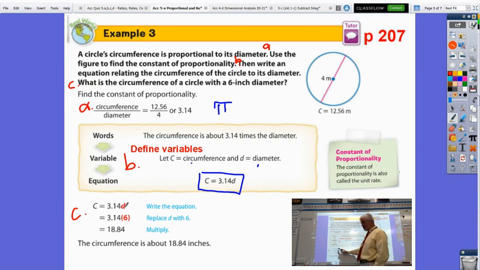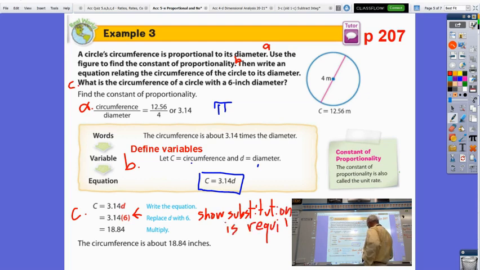So, in the equation, 6 is D, so I put 6 in for D. I show the substitution required, right? You must show the substitution. Just like we've done this before, okay? And the circumference is, multiply these out, 18.84 inches, because the diameter was inches, so the circumference is inches. The units are going to be the same.